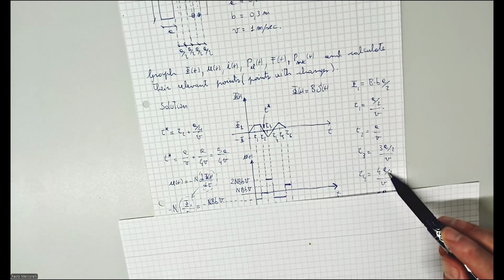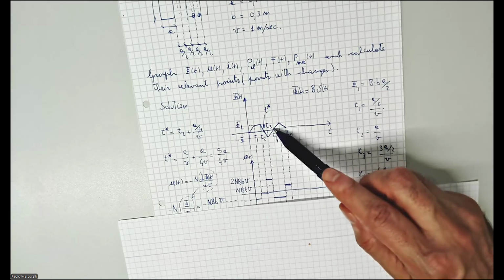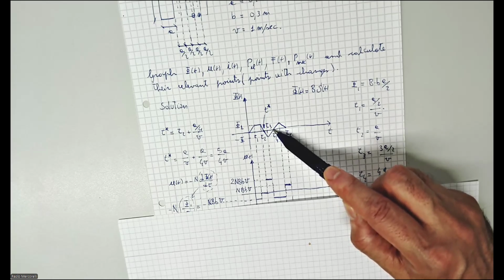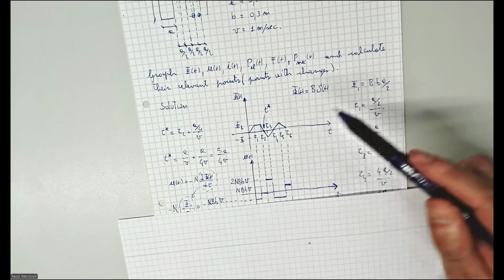No, it's correct. Why is it correct? Because it seems that at T4 we have the flux 0. I don't understand.